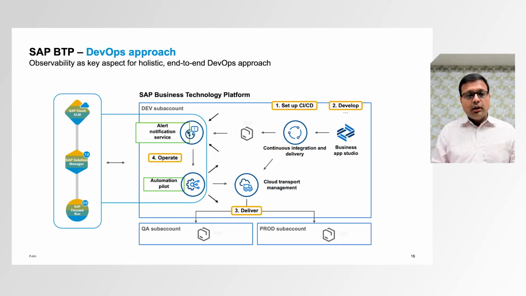The next tool that comes into play, or actually the next approach that comes into play, is the DevOps approach. Many of our customers would like to implement an end-to-end DevOps approach by combining various tools and methodologies, but not just for operations, which we are talking about today, but also the overall development methodology using CI/CD pipelines, using automation of transport management across instances, and so on and so forth.